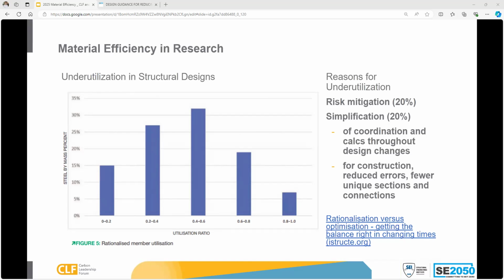And another 20% from the simplification that we have started to do to reduce the effort in design, and design involves a lot of iterations and design changes that we need to carry on and update throughout the project. So reducing that effort, if we can make things more standardized or the same, and then reducing construction errors too, right?